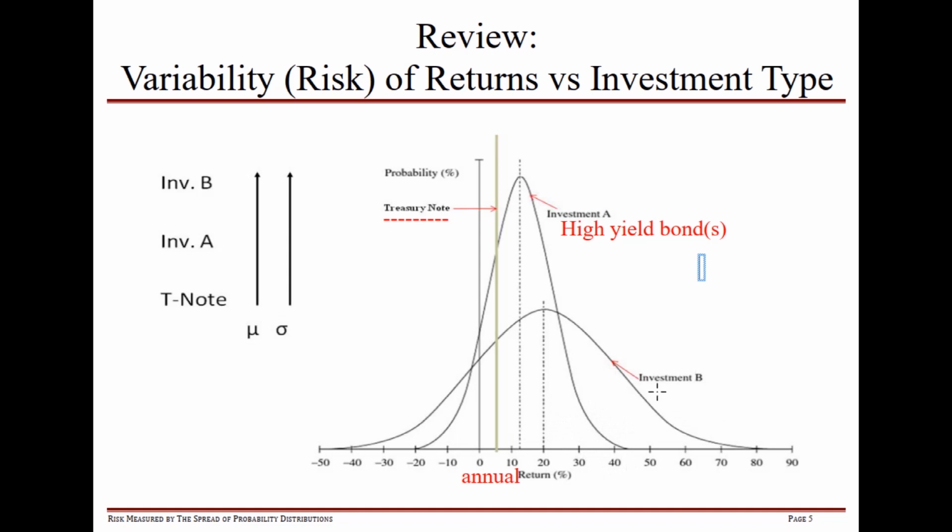And now let's look at a third investment, which could be a stock or just a random pile of stocks that we've put together. And you see here that the average return for this pile of stocks that we're putting together, or one stock that we keep investing in year after year, the average return is higher now than for high yield bonds, and it's also higher than the treasury note. But now look at the spread, look at the distribution of returns here.